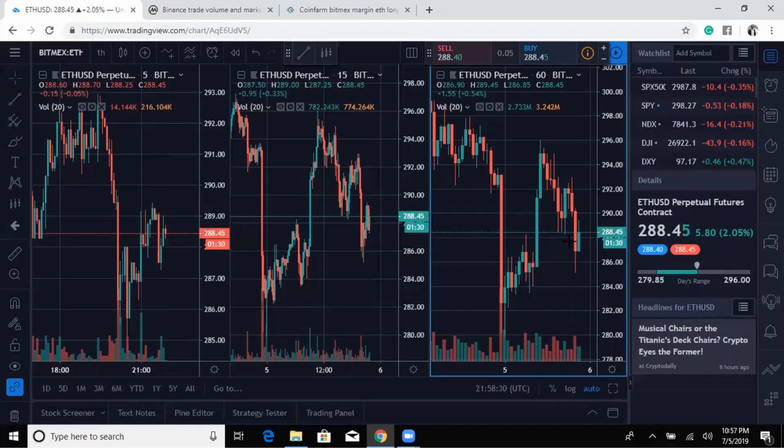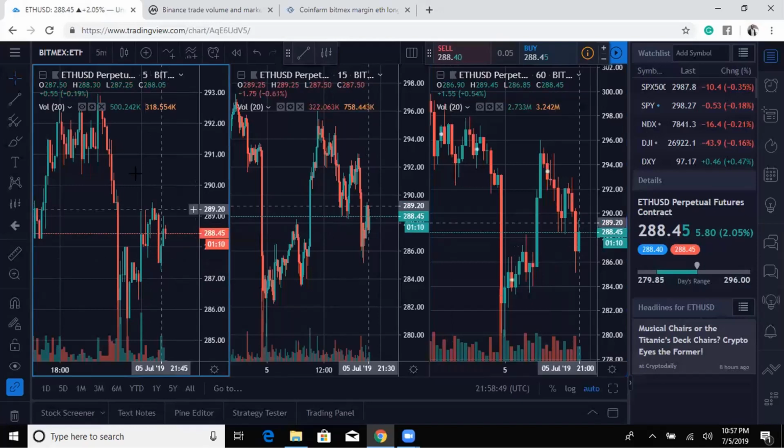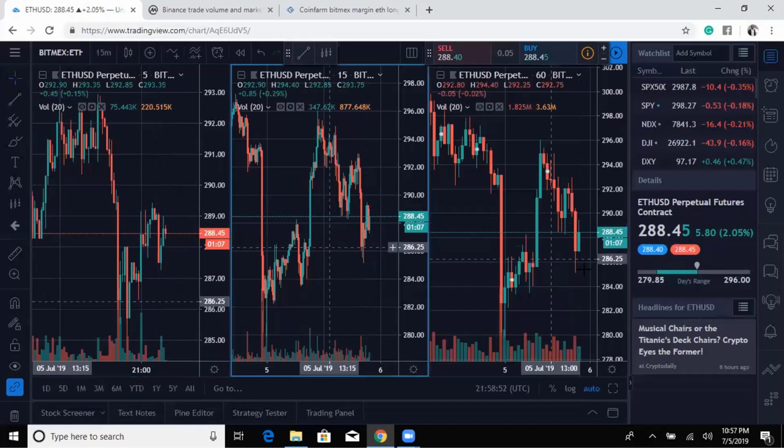But because in the longer time frame, it's still green, that means the selling will not really make the price go down. That's why in the last 10-15 minutes I've been talking, it still remains at $88. So you make use of these time frames to know what's happening in the market right now, the 5 minutes, and then the 15 minutes, and then the 1 hour.